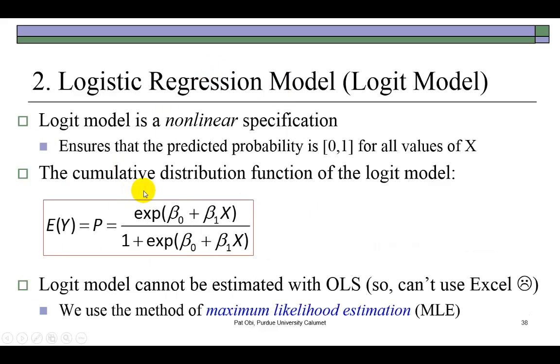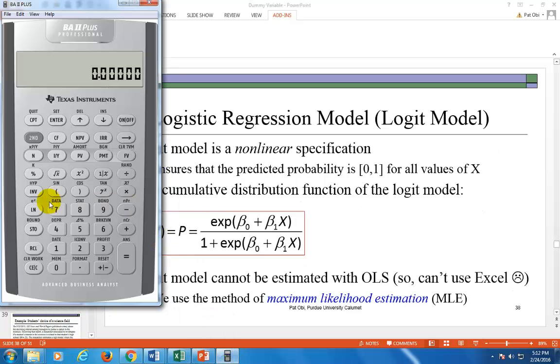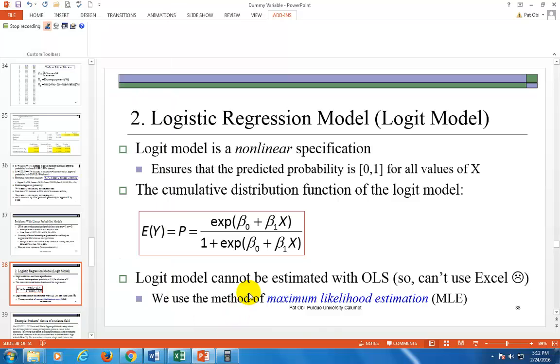So the cumulative distribution function of the Logit model is so expressed. This exp that you see here is actually the base of natural logarithms. It's the key. If I go here to your calculator, that's it right here. This guy right here, that's the base of natural logarithm, the exponential term that you see there.